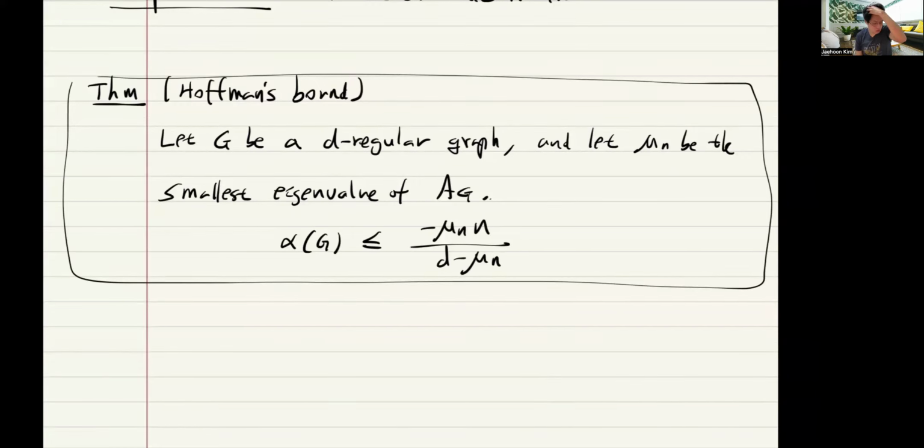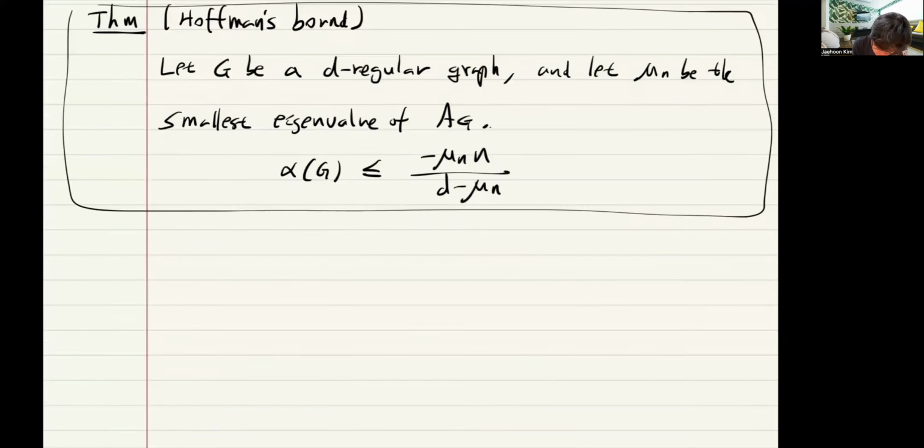But this is only for regular graphs. So we have this assumption that this is for the regular graph. Then what if we consider a general graph? Again, the Laplacian is invented to deal with non-regular graphs.